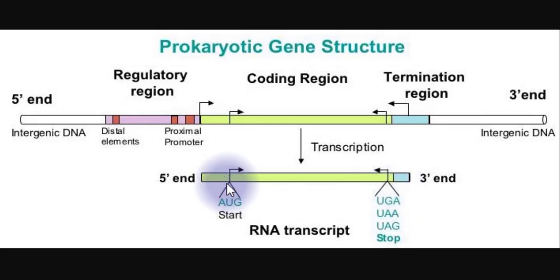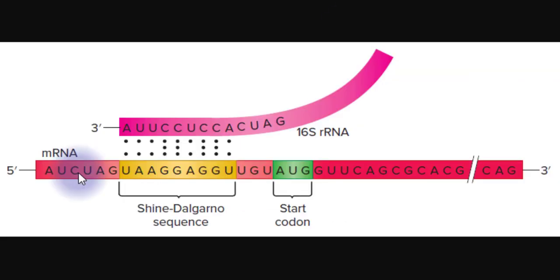So what are those regions? Let's talk about those. So this is a prokaryotic mRNA structure, and in case of prokaryotic mRNA you can see that we have a start codon here, and before the start codon on the upstream side we have the Shine-Dalgarno sequence. That means we have this sequence in mRNA, and definitely we have the complementary sequence of Shine-Dalgarno in the DNA of that particular bacteria.